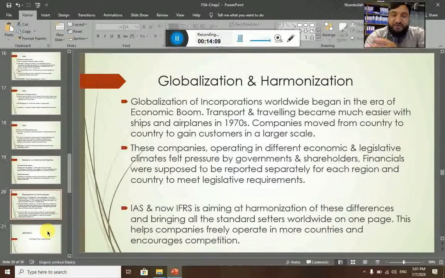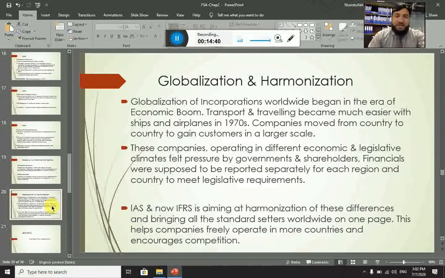There has even been an agreement between the IFRS and GAAP organizations to bring these standards together, so there is uniformity in financial reporting standards worldwide. It may happen in the near future or maybe the far future that we will have a single financial reporting standard worldwide.